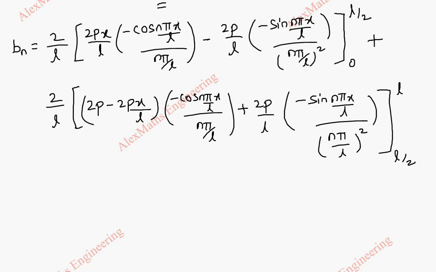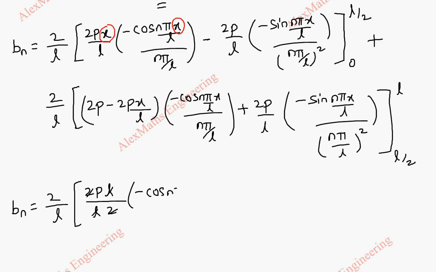So when I substitute L by 2 here and here, we get Bn equal to 2 by L, 2p L by 2, and already there is one L, so this gets cancelled. We are left with only p into minus cos n pi by 2.